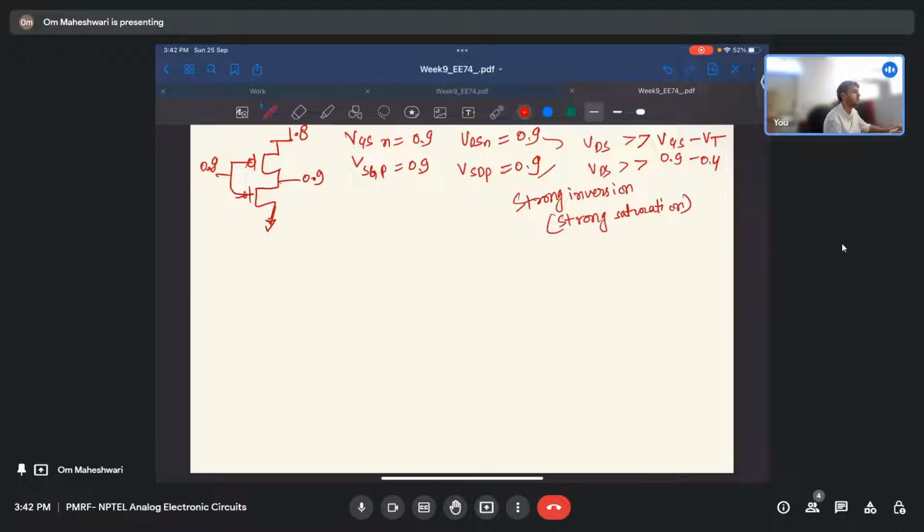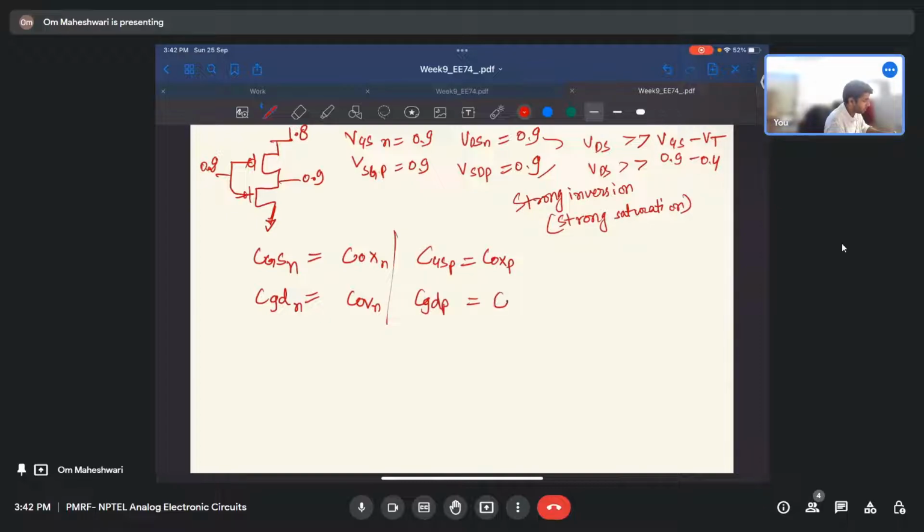And we have seen that in strong saturation CGS equals COX and CGD equals COV, right? So for NMOS CGS, CGD, and similarly for PMOS, CGSP equal to COXP, CGDP equal to COVP.